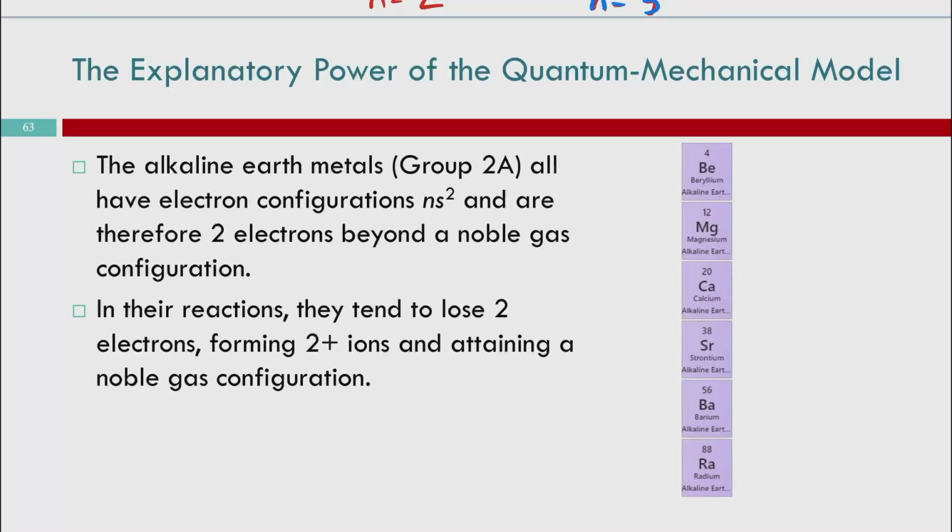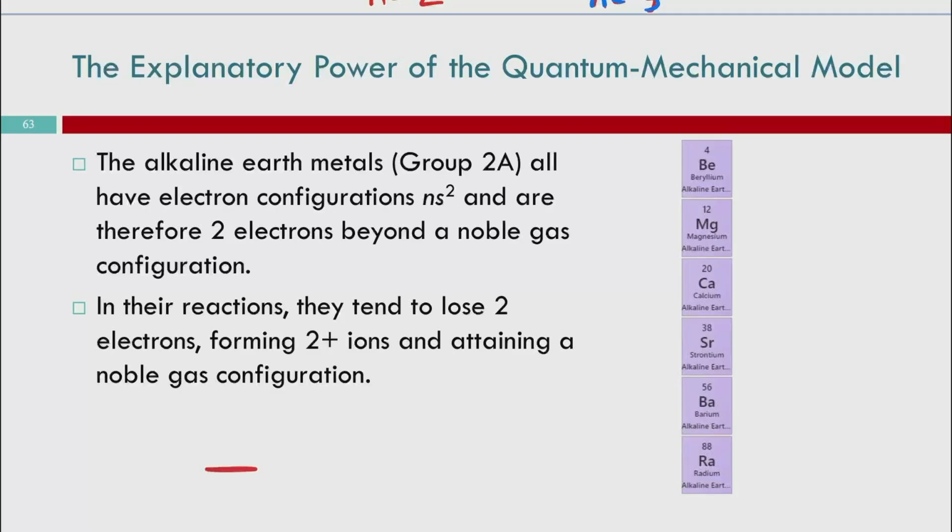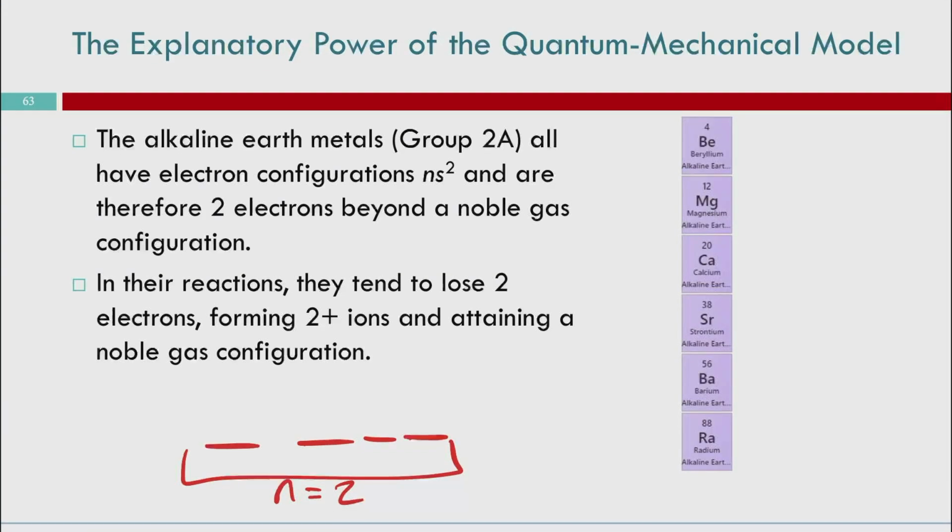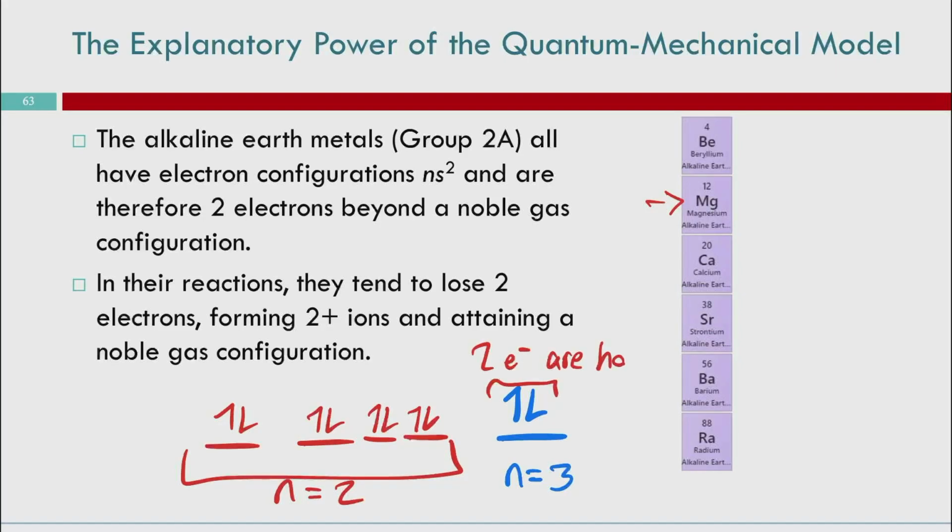Our alkaline earth metals are right next door, but this time, if this is our n equals 2 and we're looking at magnesium, we've got 2 electrons in our n equals 3. Since we've got 2 electrons, they are harder to lose. And by lose, I mean give away.